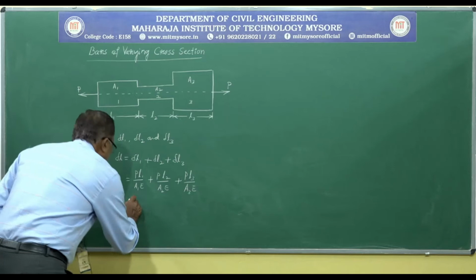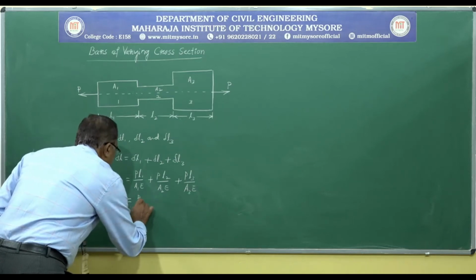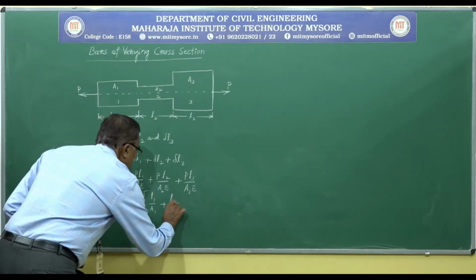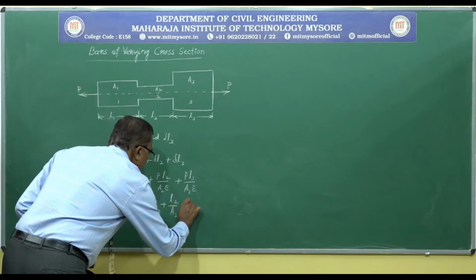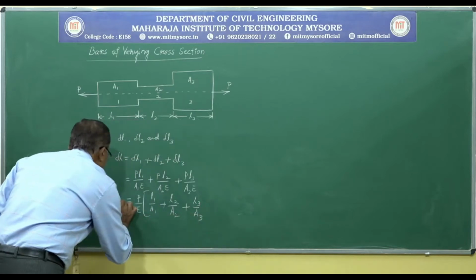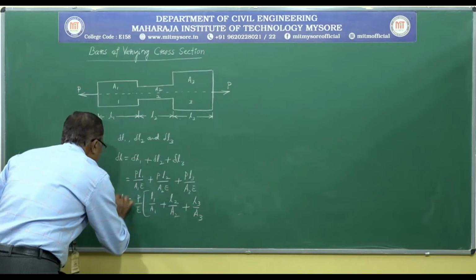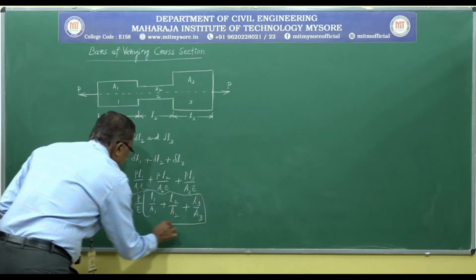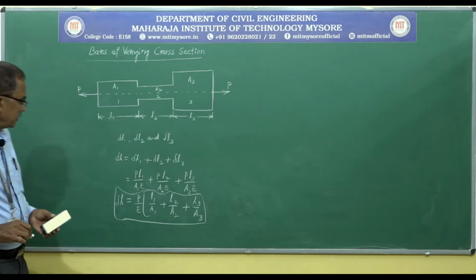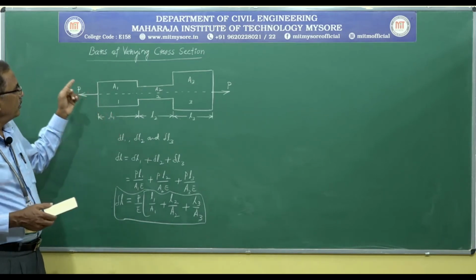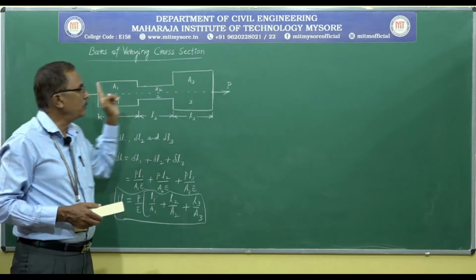Now we can take P by E as a common factor: P by E into L1 by A1 plus L2 by A2 plus L3 by A3, that is delta L. So this is the general expression to find the total change in length due to the applied axial load.